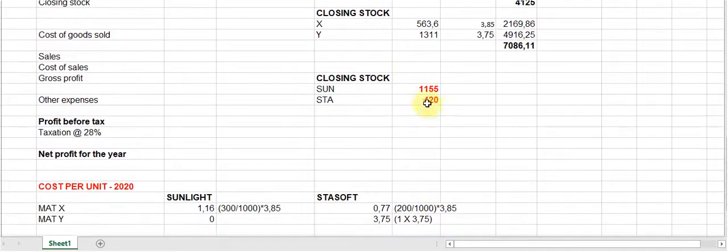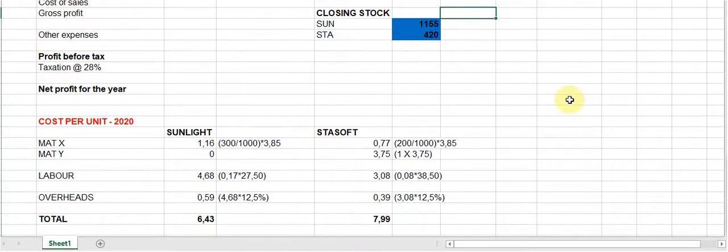So that's the totals, that's where we get that from. Right, what was the cost per unit? We have calculated it. And that is our calculation that we've done here. So it was for Sunlight 6,43. And for Stasoft, it was 7,99.